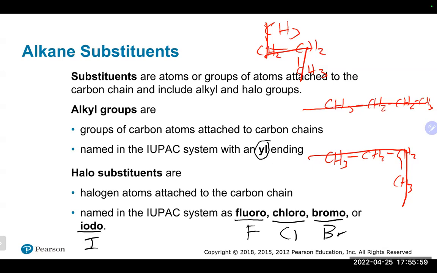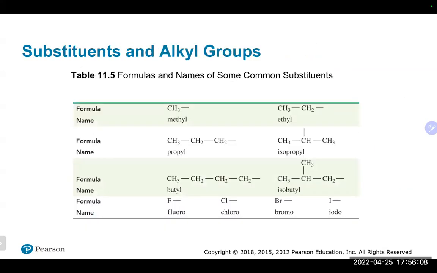And again, as we talked about, one less hydrogen allows it to connect without giving carbon too many bonds to it. Here are some alkyl groups and some of the names and where they come from. And there are some historical type names sometimes used for some groups, but all these are sort of normal ones: methyl, propyl, butyl, pentyl if you had 5, and so forth, hexyl if you had 6.